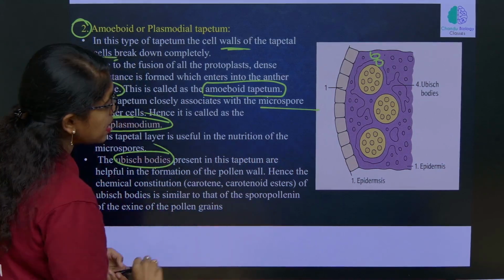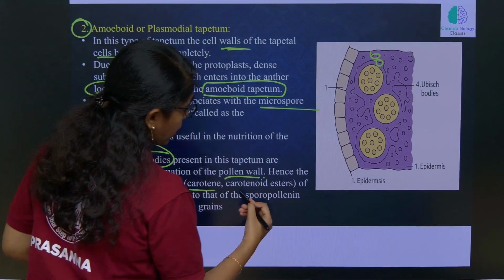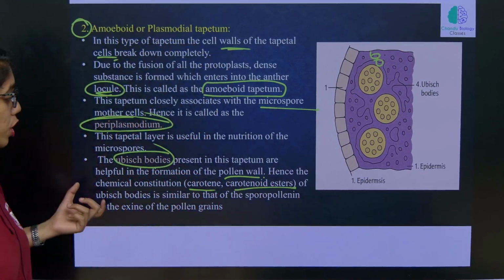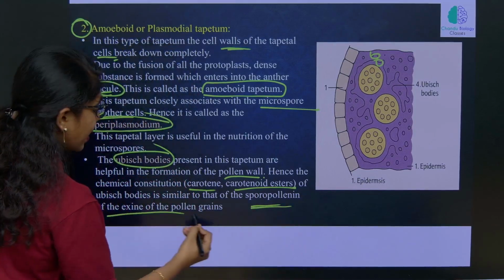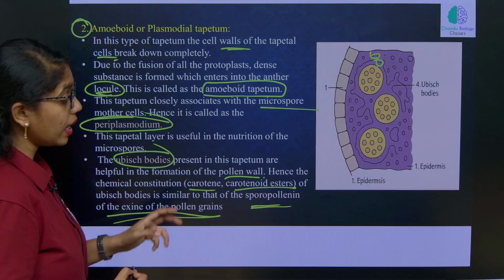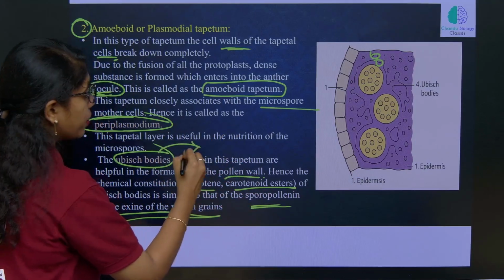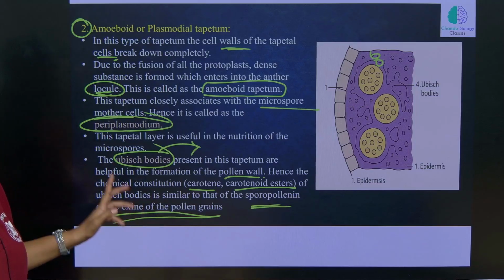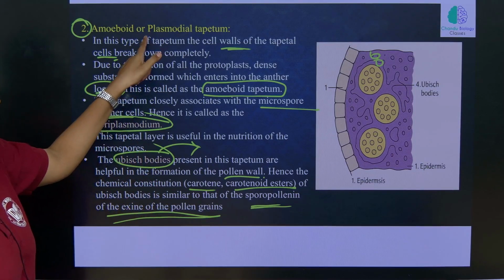The chemical constituents like carotenoid esters of Ubisch bodies are similar to those of the sporopollenin of the exine of pollen grains. Sporopollenin of the exine of pollen grains is formed from the Ubisch bodies itself, we have to remember. And these Ubisch bodies are in what type of tapetum?